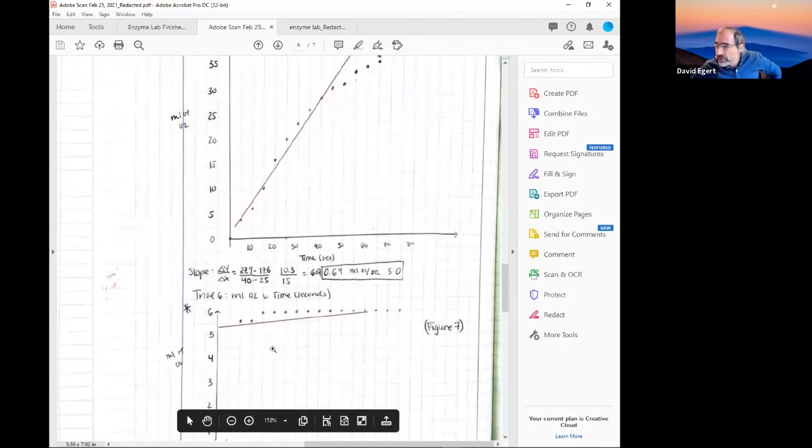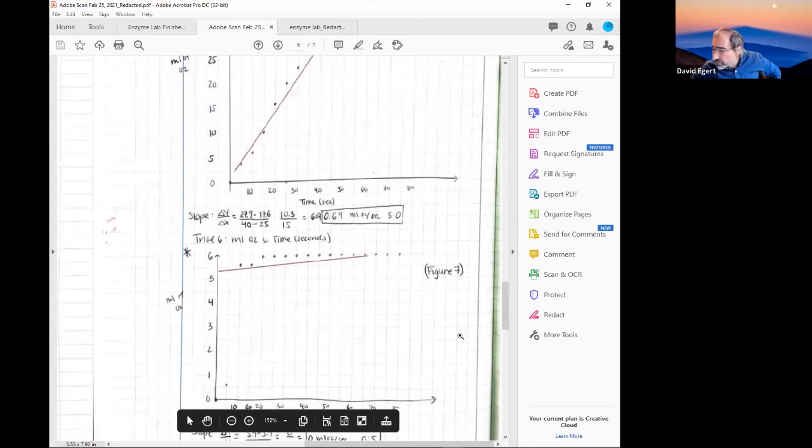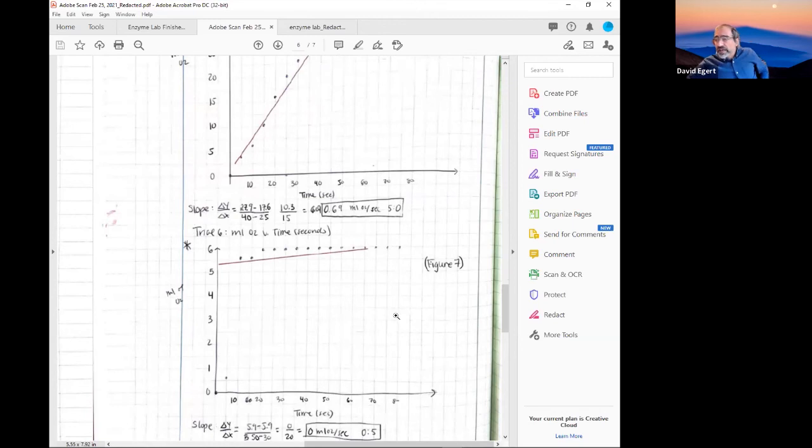They calculate this rate here, and it doesn't make any sense that there's a rate there, right? Because there's no substrate. And then on your graph, you'd have some big explaining to do if you calculate the rate for this. And let me get it up. What did they find? They ended up with 0.5 mL of oxygen per second.